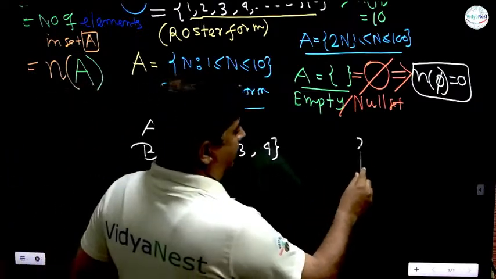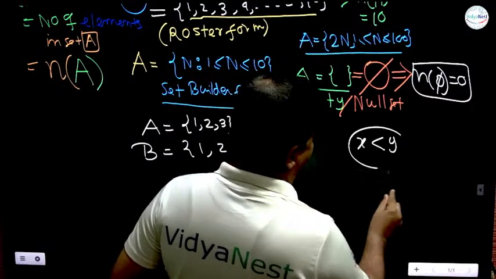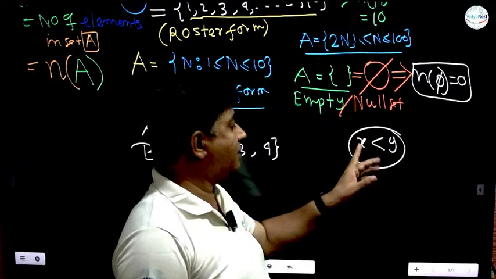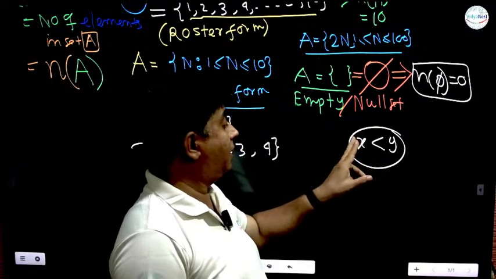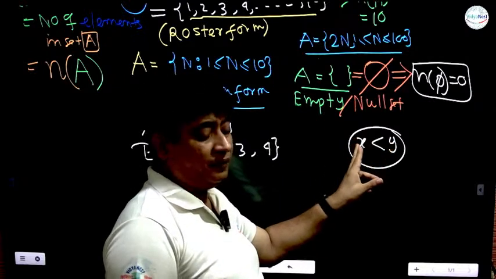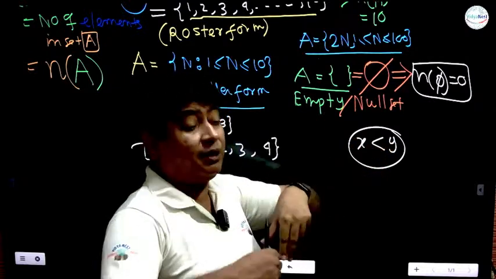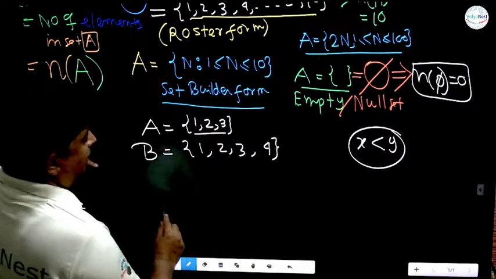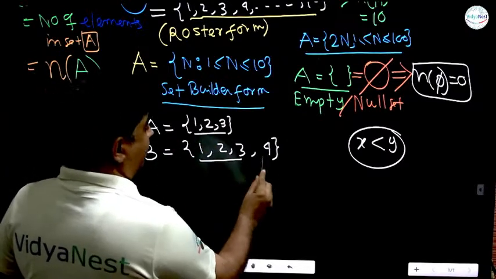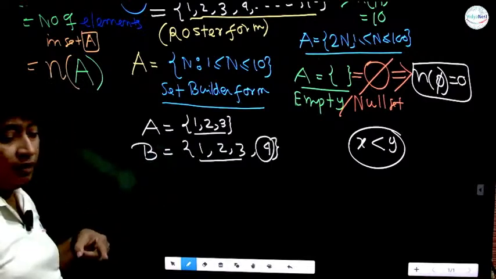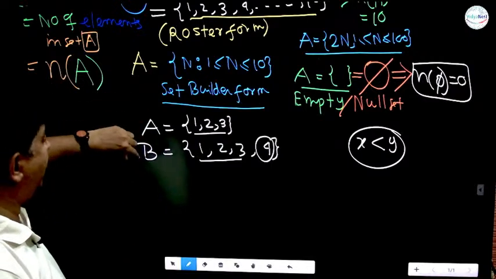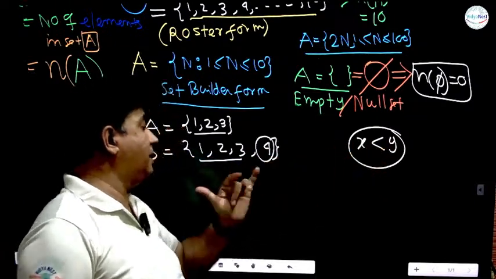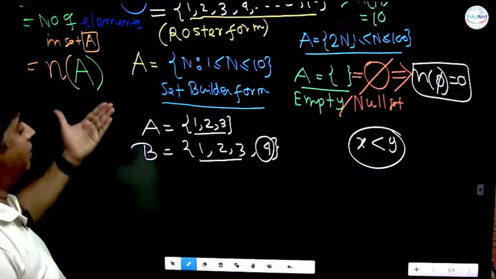Suppose x is less than y. What is meant by that? In junior class you were taught that x less than y means y contains all values of x, but y has something more. So here you see A has 1, 2, 3, and B has all those 1, 2, 3, but 1 extra, 4. That means B is like the greater than sign.